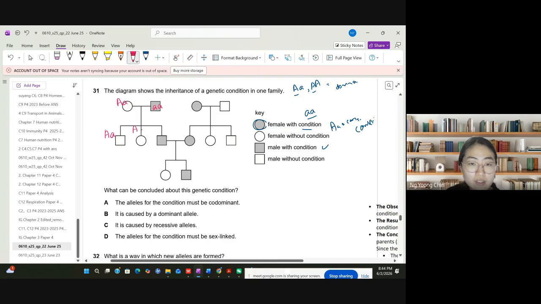This is possible because one of the offspring is affected. How about this one also? This is also the same thing, where you have one big A and one small a.